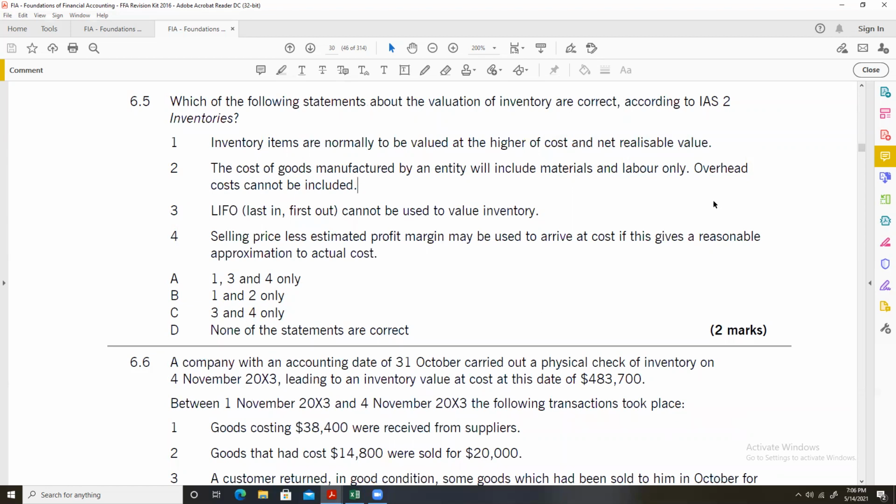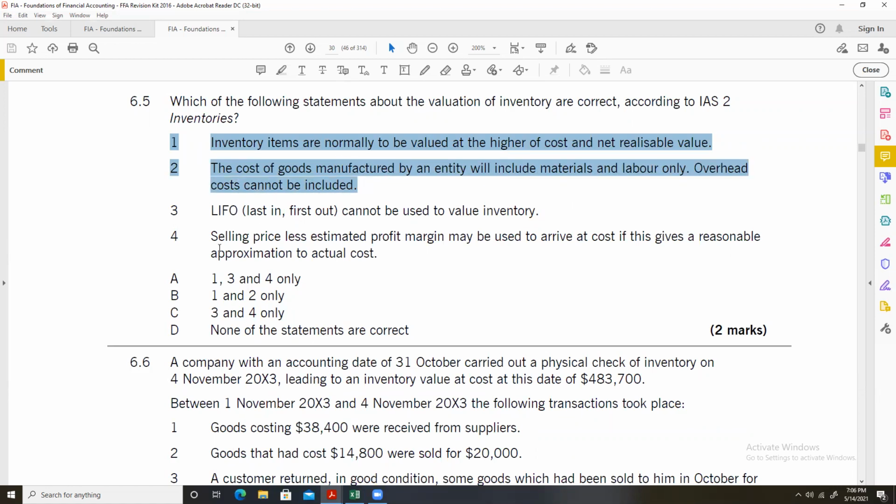Overheads should be absorbed into the values of inventories while doing inventory valuation. So again, this statement is also wrong, like statement 1. So 1 and 2 both are incorrect.